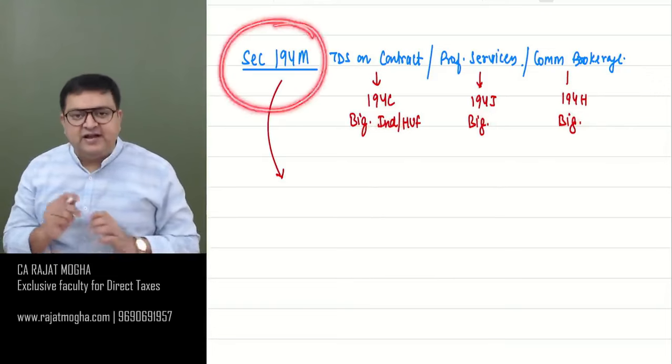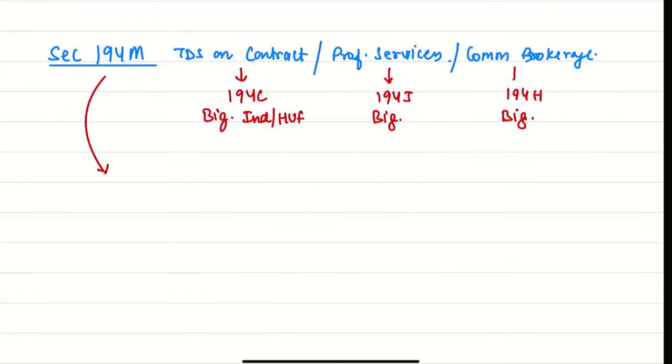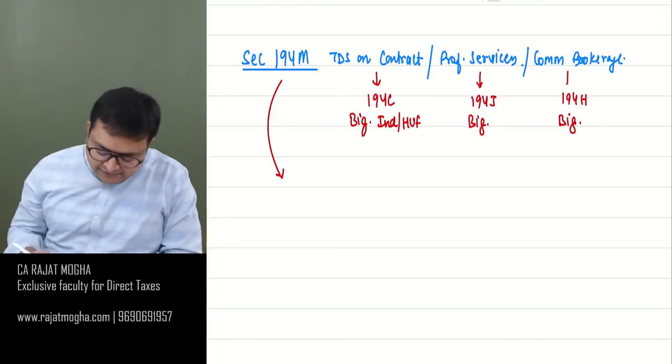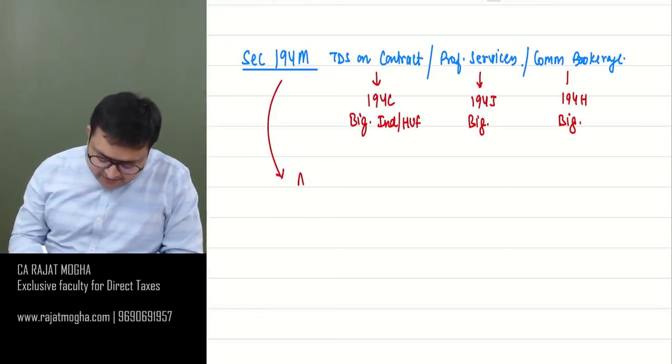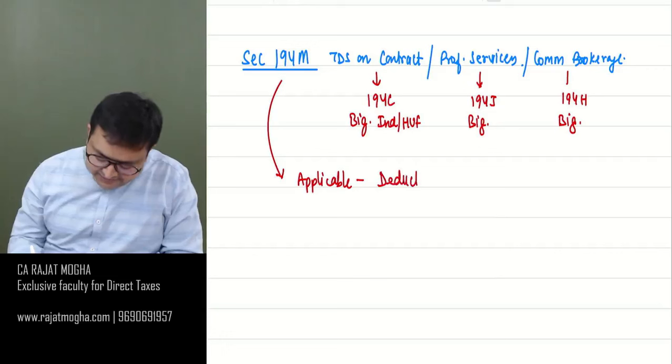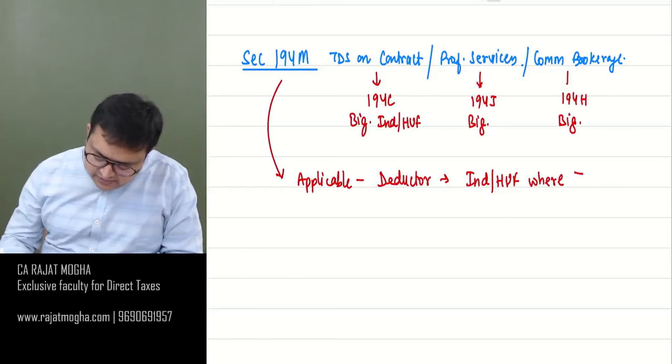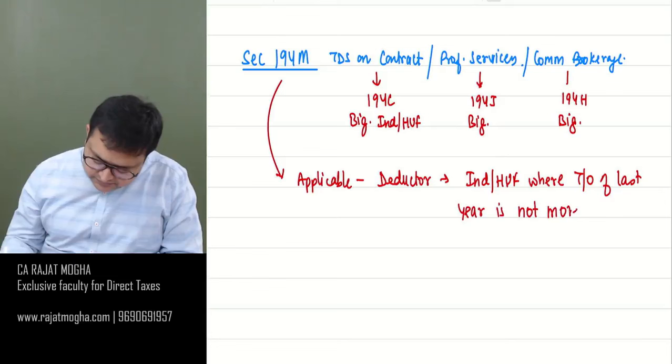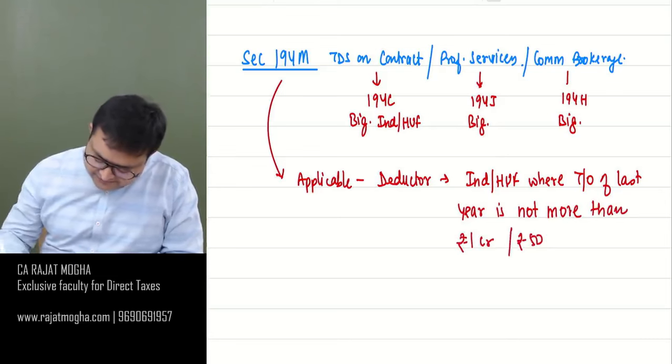It is a general section. 194M is a general section, but important. 194M says that it is applicable if the deductor is such individual or HUF where turnover of last year is not more than 1 crore or 50 lakh. 50 lakh we take in case of profession.